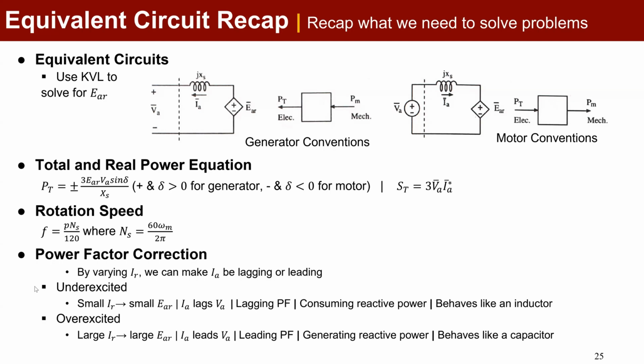Here's an example problem for us to work out together. The problem states, a 3-phase 60 Hz, 550 volt Y-connected synchronous generator is delivering 250 kilowatts at rated voltage. The excitation voltage is 460 volts per phase, and the synchronous reactance is 1.2 ohms.